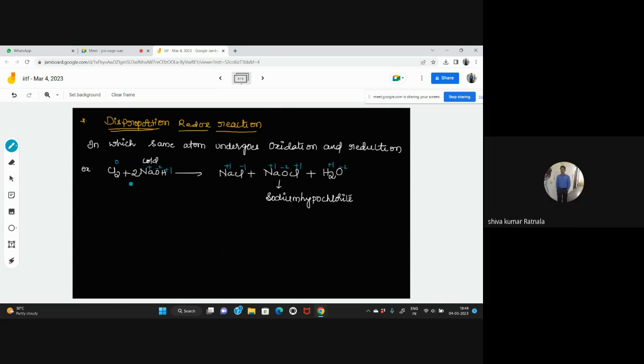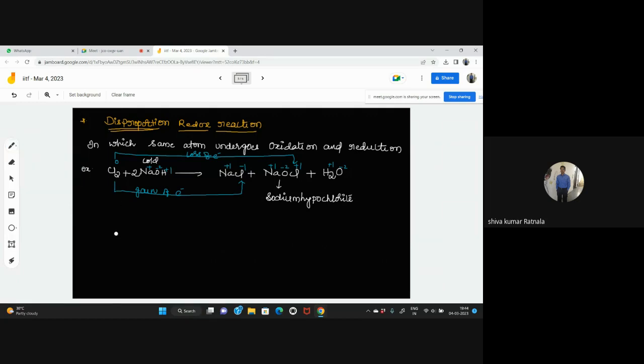That means chlorine alone is getting -1, that is gaining 1 electron, and chlorine alone is losing 1 electron. So the same atom undergoes oxidation and reduction, right? When the same atom undergoes oxidation and reduction, it is a disproportionation redox reaction.